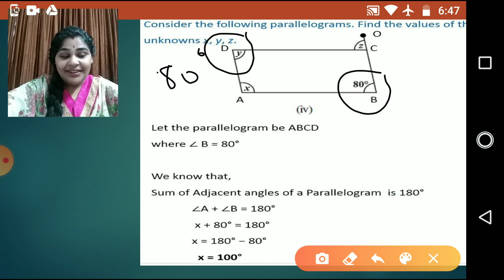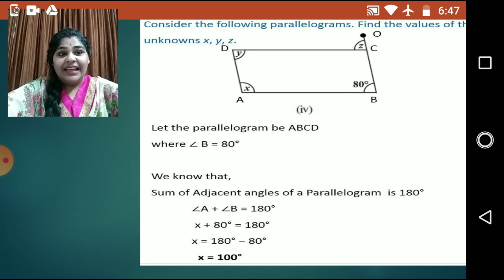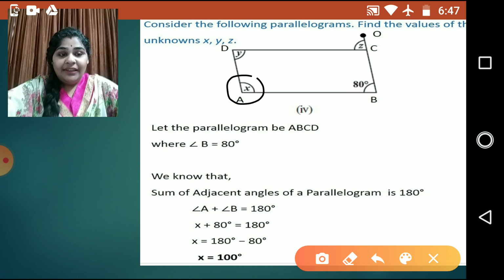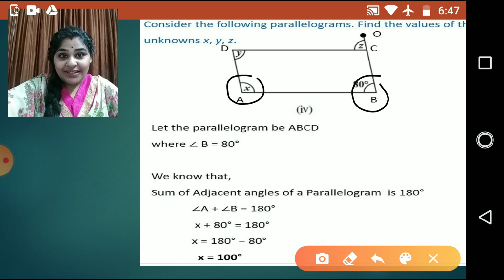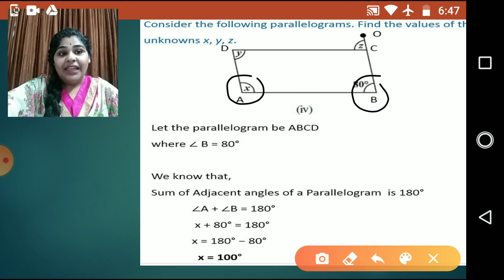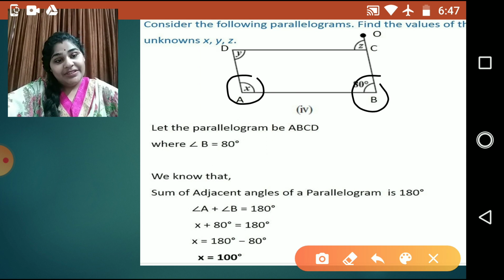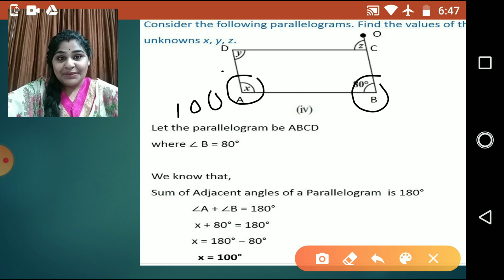Next, angle A and angle B are adjacent angles in the parallelogram, and we have seen that adjacent angles in the parallelogram add up to 180 degrees. So angle A, that is angle X, will be equal to 180 minus 80 degrees, which is nothing but 100 degrees.